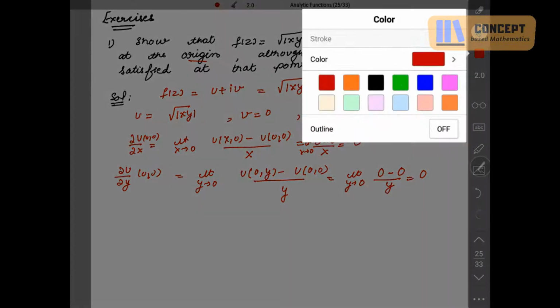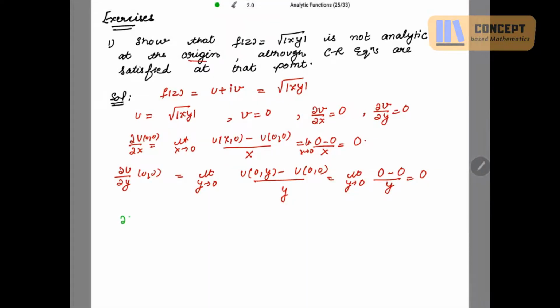What are the CR equations? ∂u/∂x is equal to ∂v/∂y. This is 0 and ∂v/∂y is also 0.